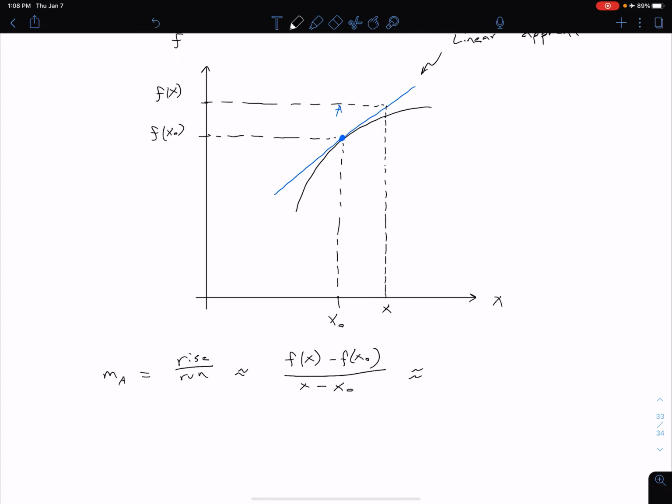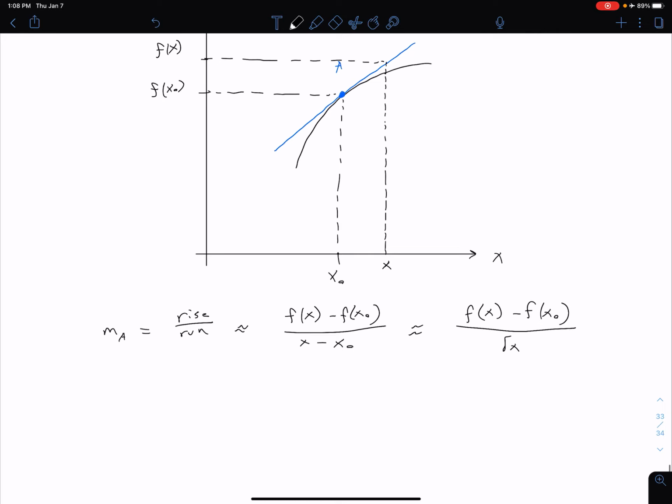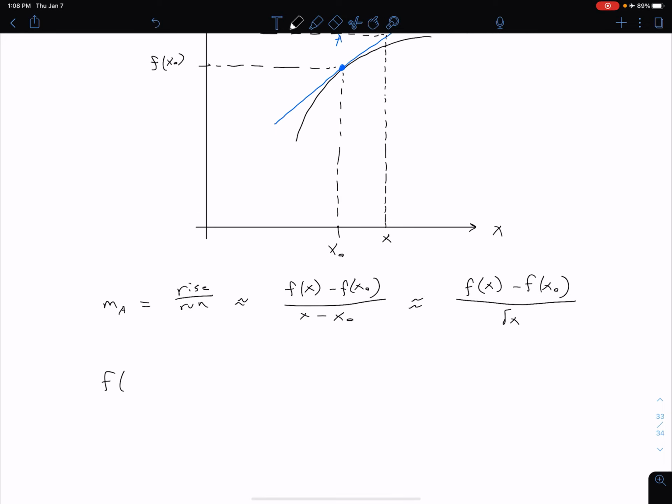As I was showing graphically, we keep that same numerator, f of x minus f of x naught, and we call the denominator delta x, and we let delta x approach 0, so it's getting really small. We can then approximate f of x, the term we were looking for. It is about f at that original point, x naught, plus m a times that really small delta x value. Remember this m a is our slope at A.